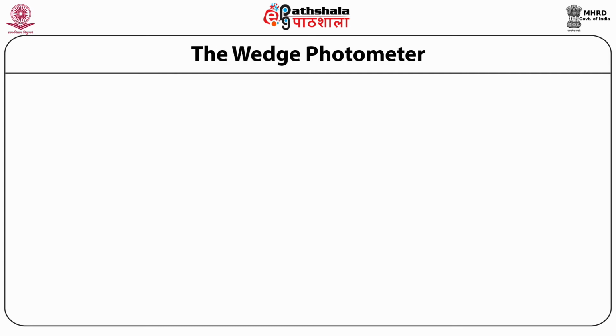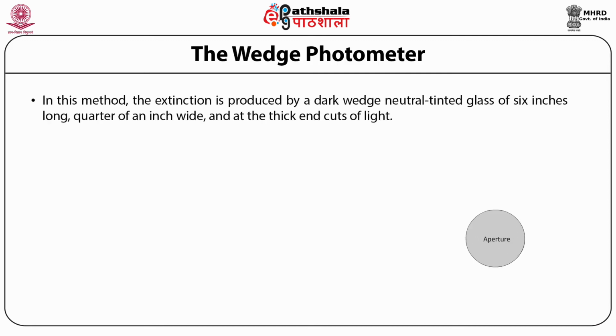We have one important instrument to talk about here, the wedge photometer. In this method, the extinction is produced by a dark wedge of neutral-tinted glass, 6 inches long, a quarter of an inch wide, and at the thick end cuts off the light. In one form, the wedge is placed close to the eye at the eyehole of the eyepiece.